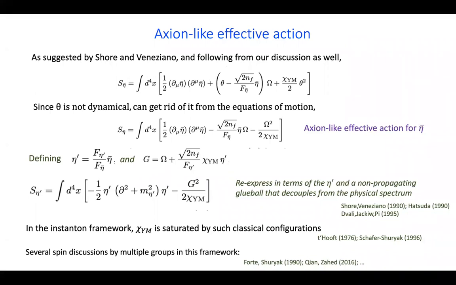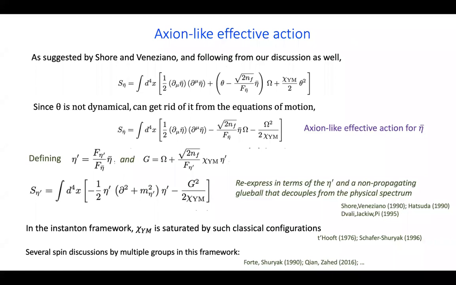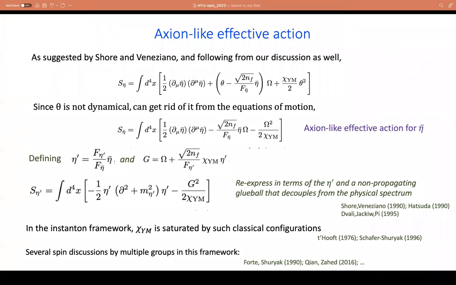It's not propagating, it's not dynamic, so you can integrate it out. This expression is precisely what's in these papers, also by Gia and collaborators, and you can re-express it exactly in the form that I had here by using a field redefinition.